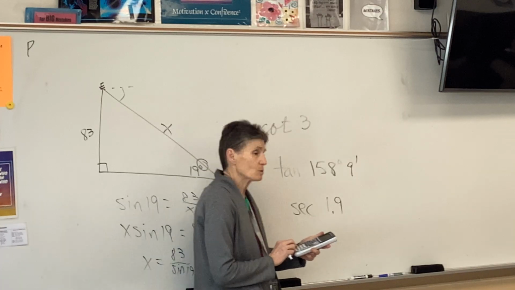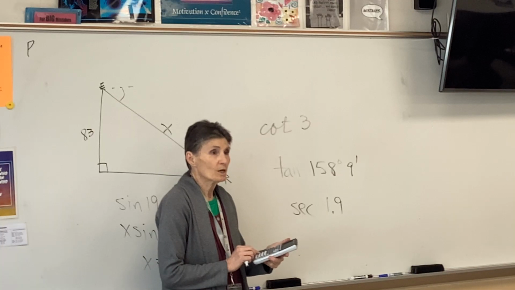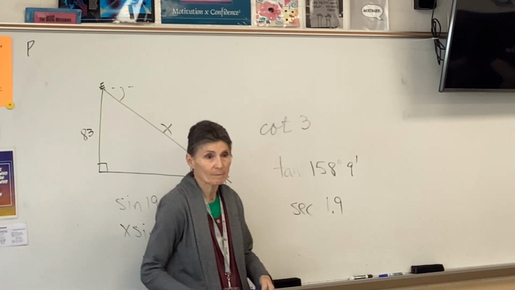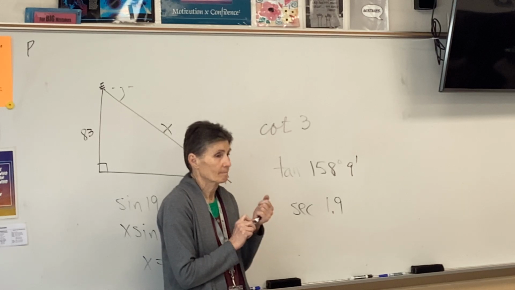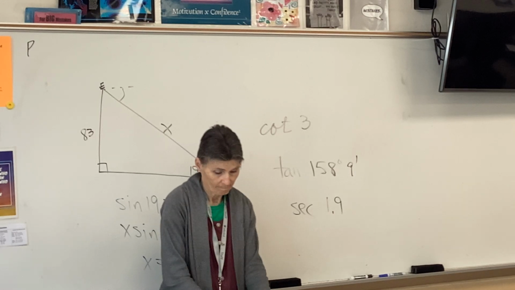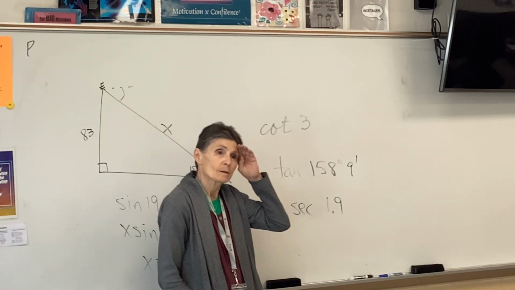So secant is 1 divided by cosine. So change your calculator into radians, 1 divided by cosine 1.9.